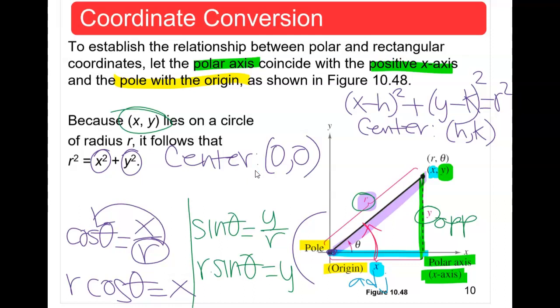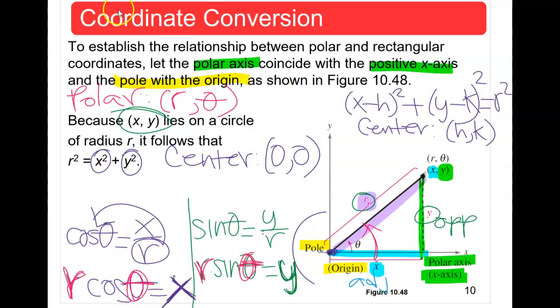So now we know how to find x, and we know how to find y, if we know the coordinates in polar form, because remember, coordinates in polar form will be given as r, comma, theta. If you know that, you could substitute r and theta to find y, and you could also substitute here and here to find x.